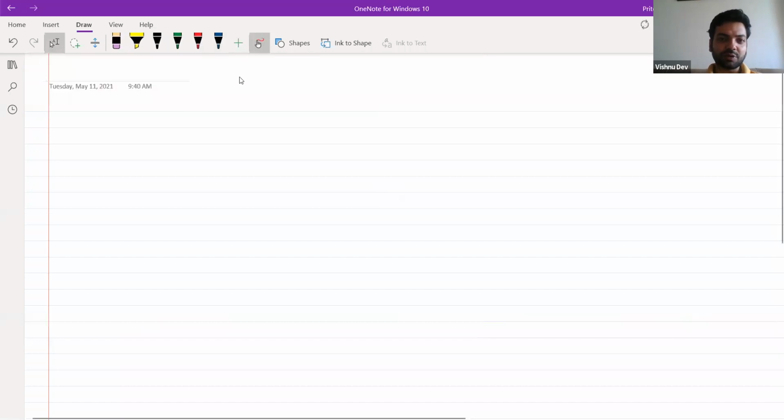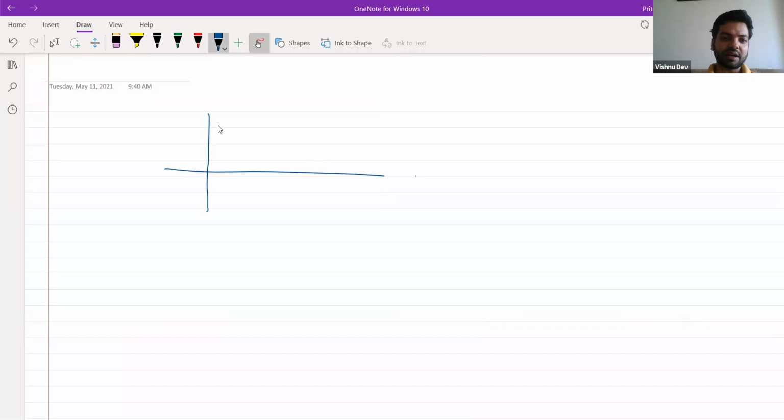So listen to the question carefully. Let's say we have this graph. This is 10 meter per second, and let's say this is minus 10 meter per second, and time taken, this is 5 seconds, this is 10 seconds, and this is 0.